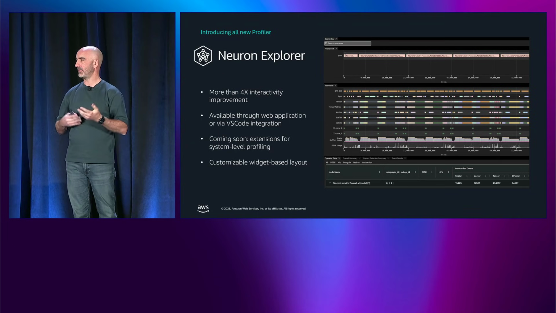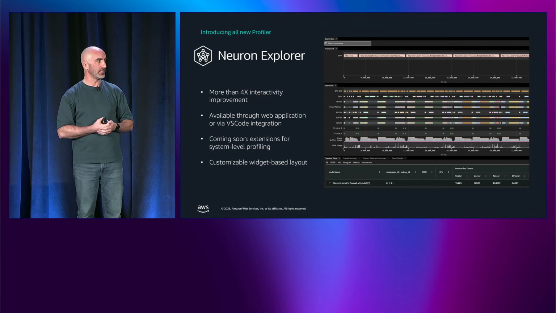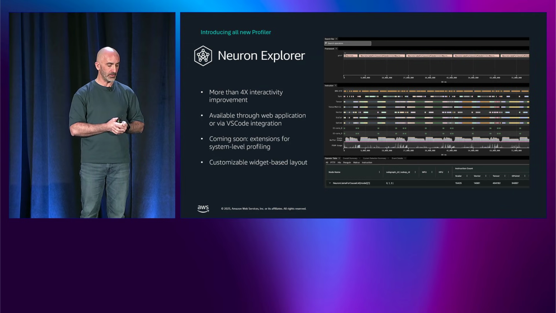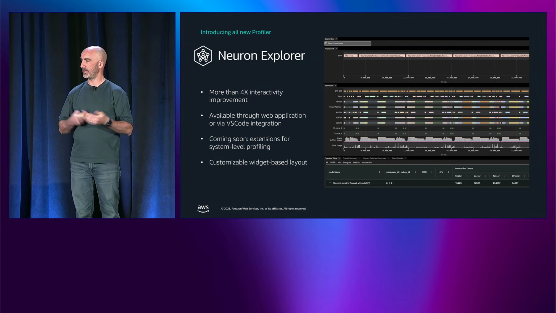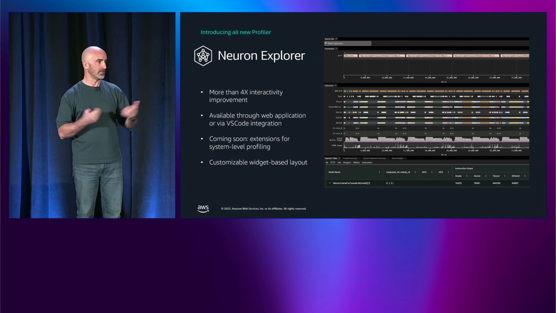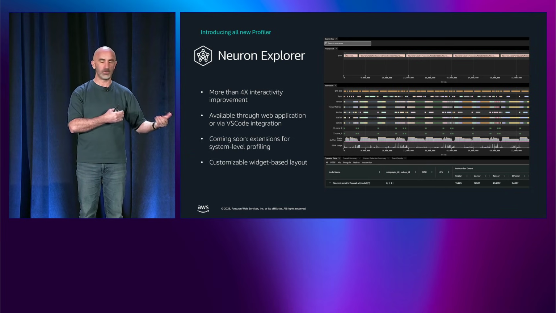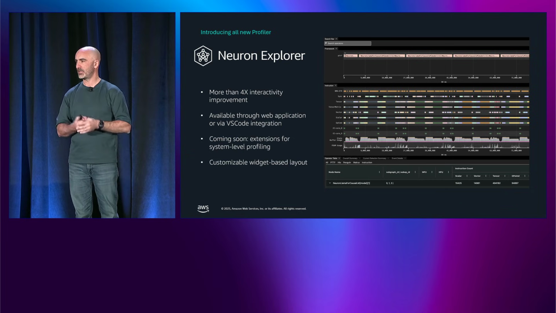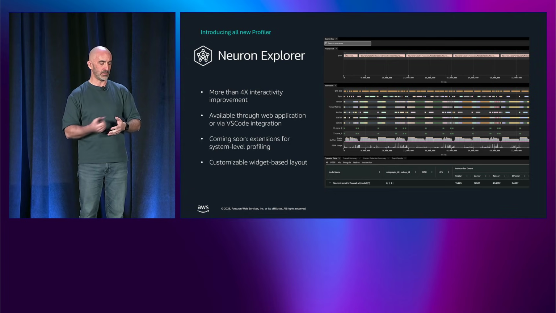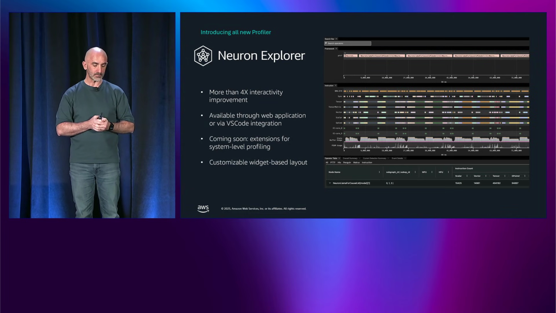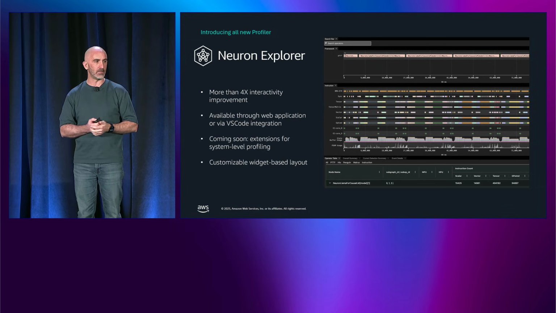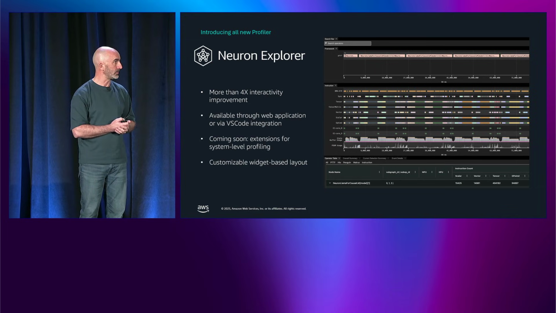We provide it via a web application or a plugin to VS Code. And very soon we'll have integrations to do system profiling. What system profiling means is you can also view how your host, CPU, and memory are performing as well as your device. And here is a screenshot, and in a second I'll go through a full demo of this new Neuron Explorer tool.